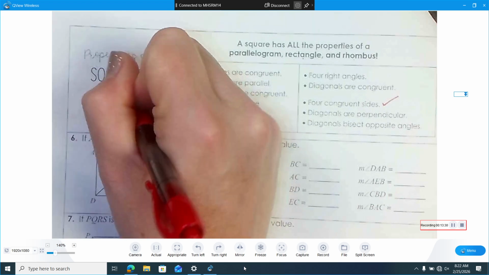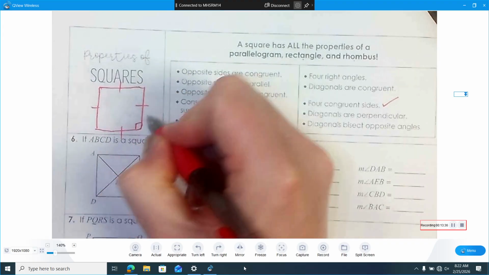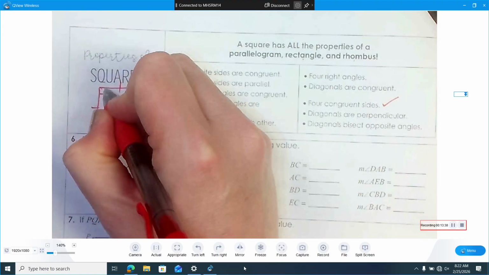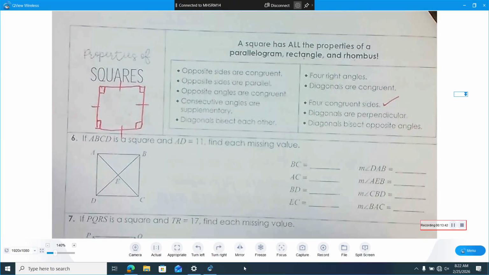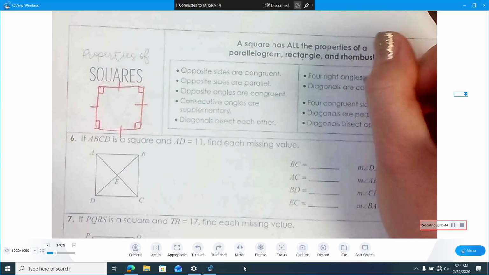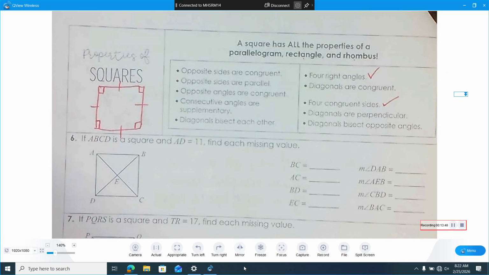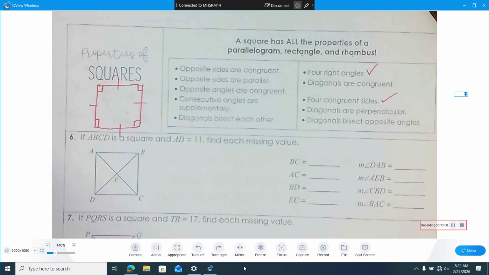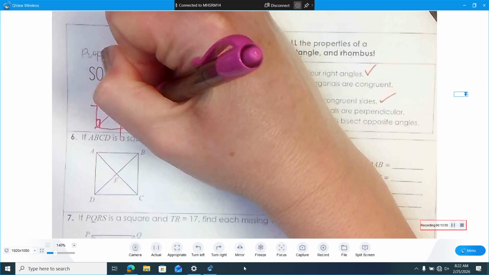We know all 4 sides are congruent. Very, very important. We also know, like a rectangle, all 4 angles are perpendicular. They are right angles, 90 degrees. 4 right angles. Also, like a rectangle, the diagonals are the same length.